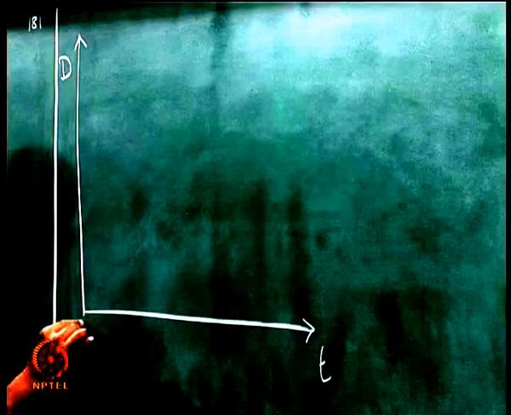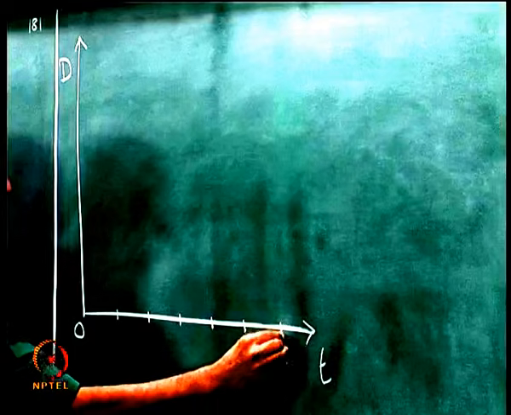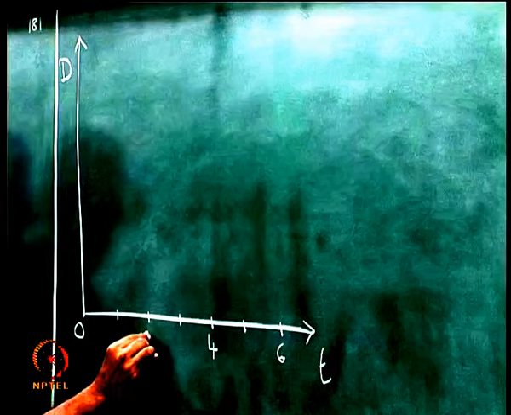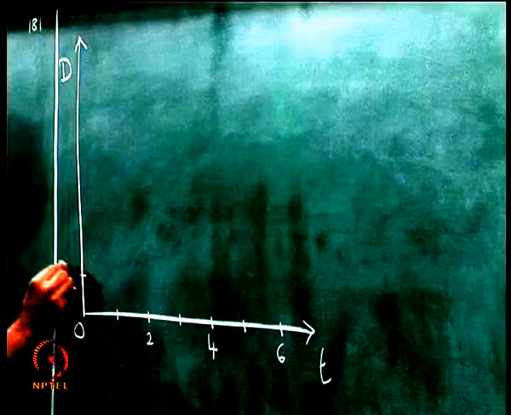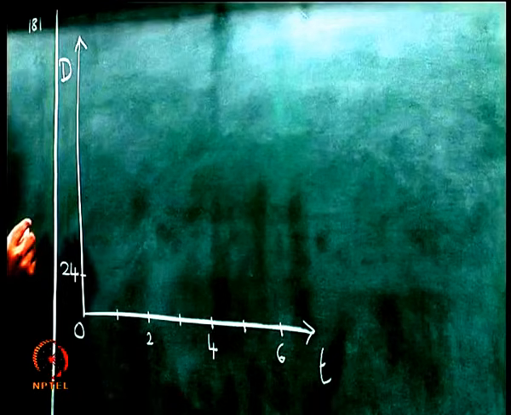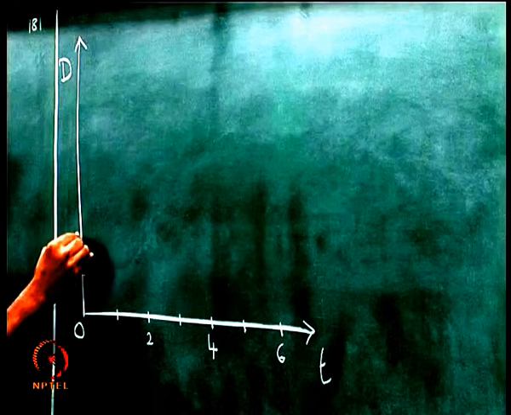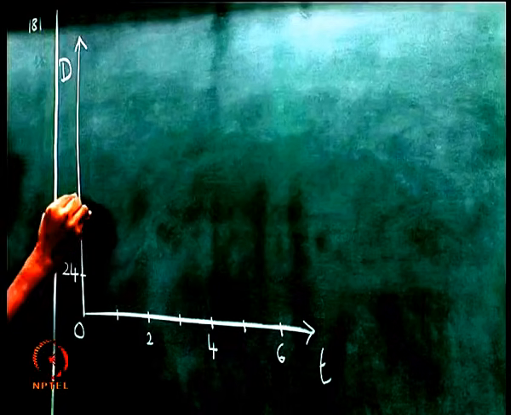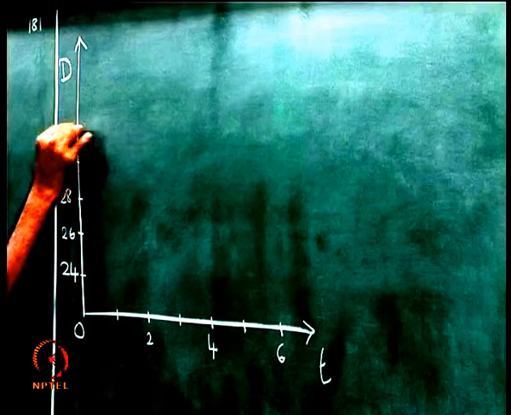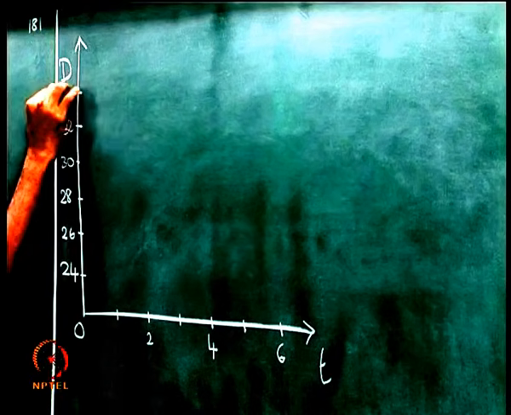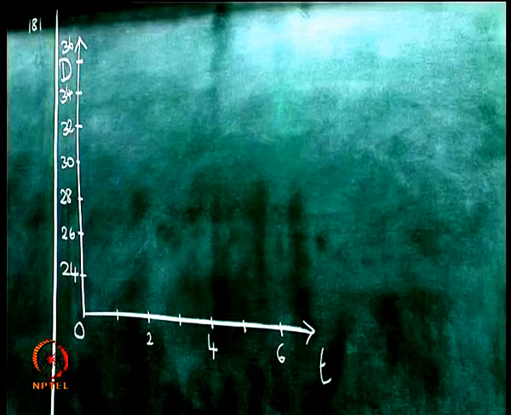So, at time equal to 1, 2, 3, 4, 5 and 6, let us say the values start here from 24, 26, 28, 30, 32, 34, 36 and so on.